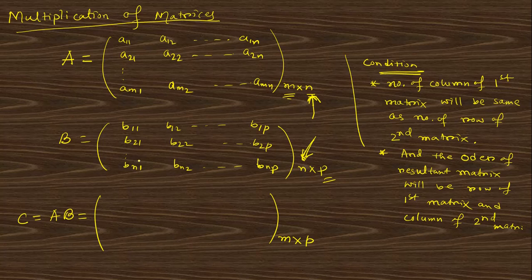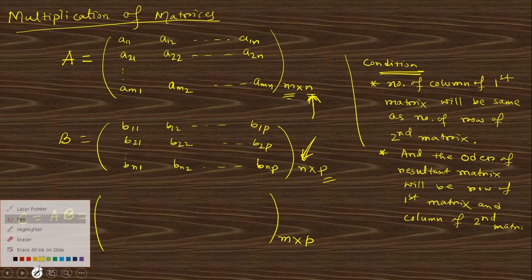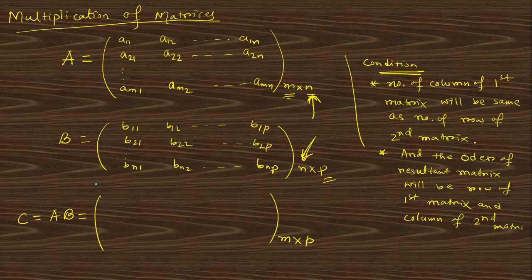Clear? And how will the product be calculated? For AB, remember it in such a direction, along the horizontal and the vertical line.